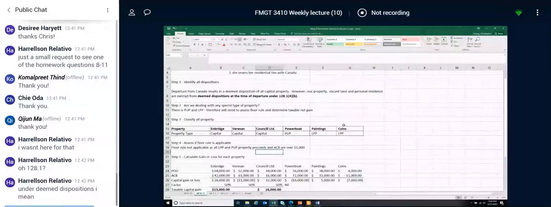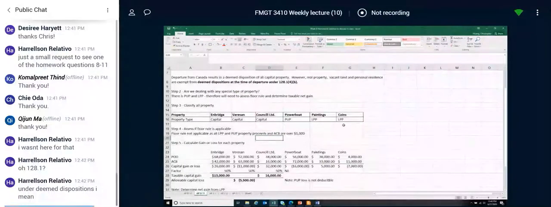Because of that special audit process, they don't automatically deem you to dispose of real estate when you leave Canada. 128.1(4) is just a specific citation for that rule. I'm giving it to you here, but it wasn't necessary. I don't necessarily care to see it in the homework. It's just for your information.